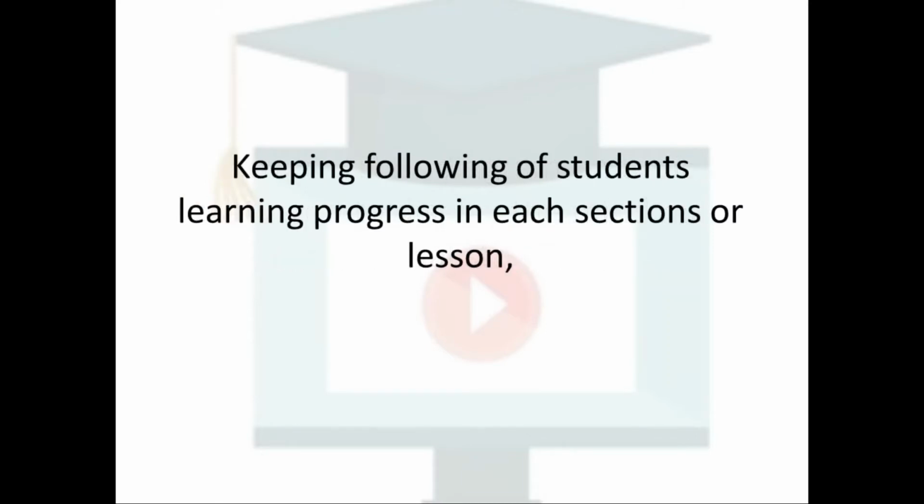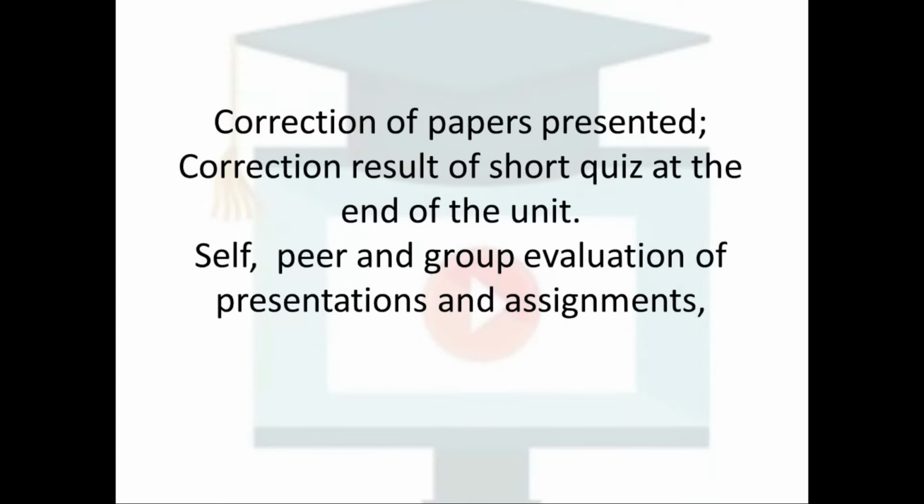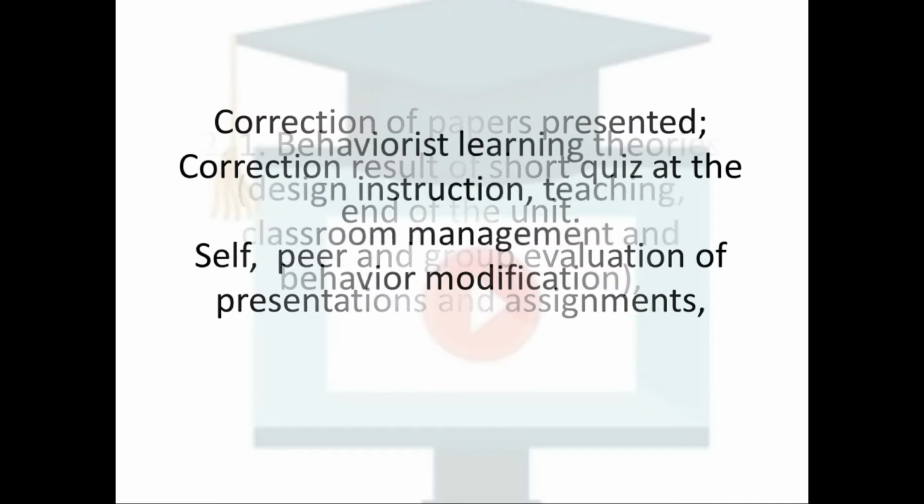Keep following students' learning progress in each section or lesson, using unit assessment techniques, observation of classroom participation with a checklist of student activities like asking questions, giving comments, suggestions, errors made, correction of papers presented, correction of results of a short quiz at the end of the unit, and self, peer and group evaluation of presentations and assignments.